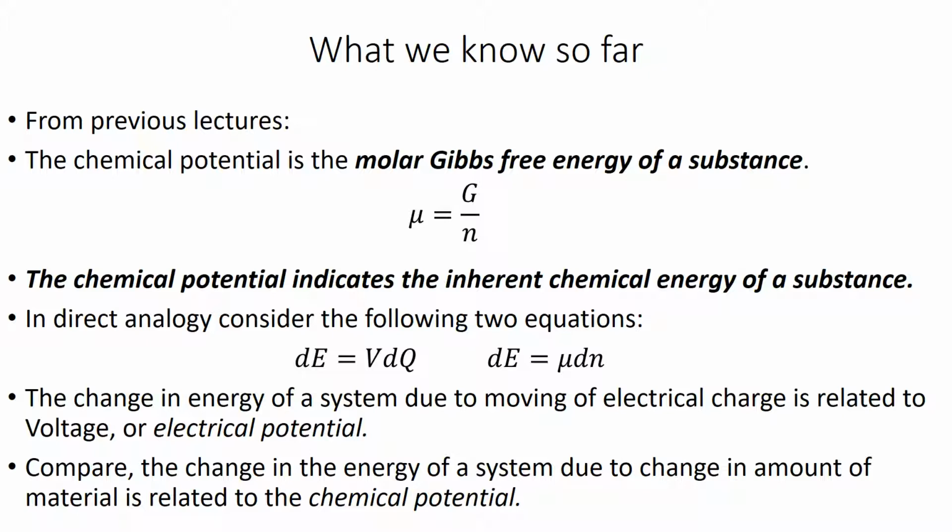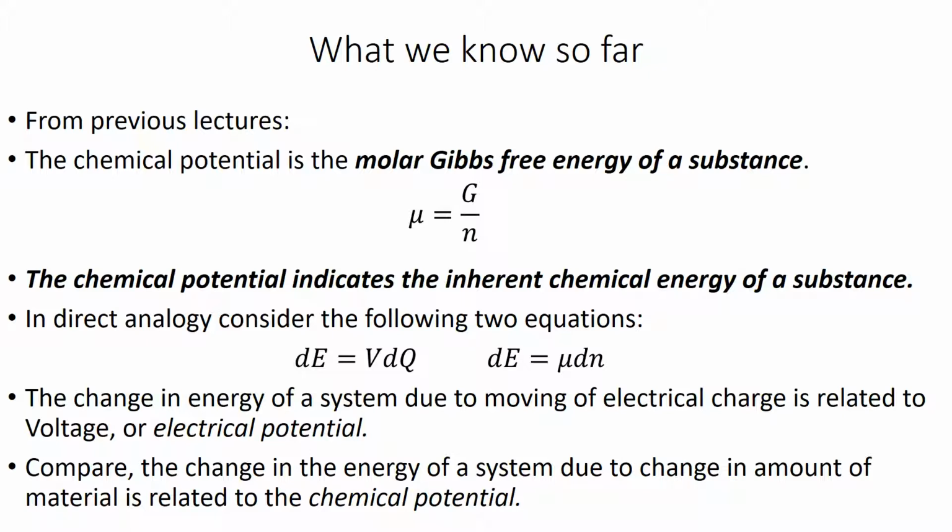So in direct analogy, just to help you further internalize what the chemical potential is, consider the following two equations. On the right, we have dE, the infinitesimal change in energy, is equal to voltage times the change in charge.